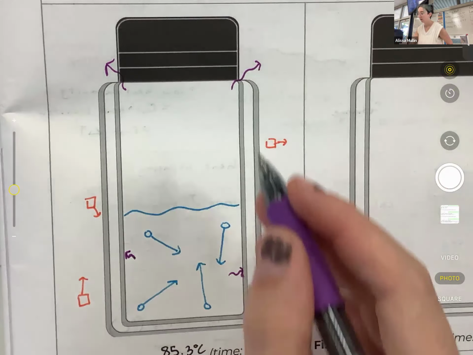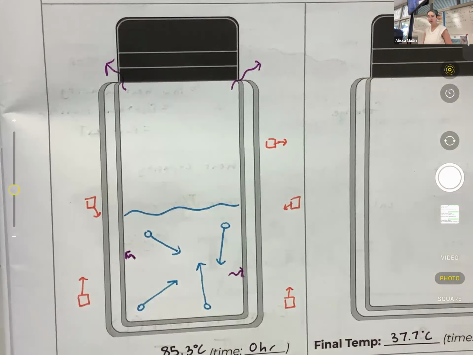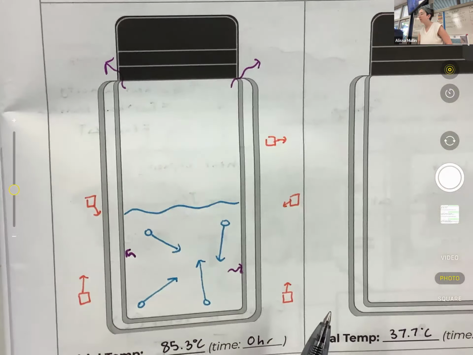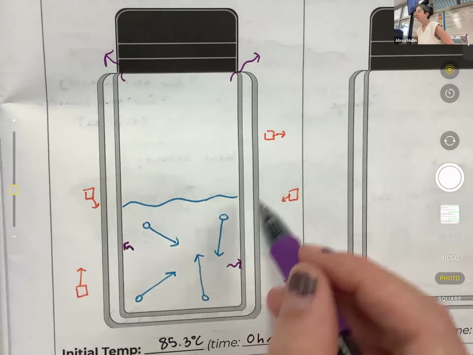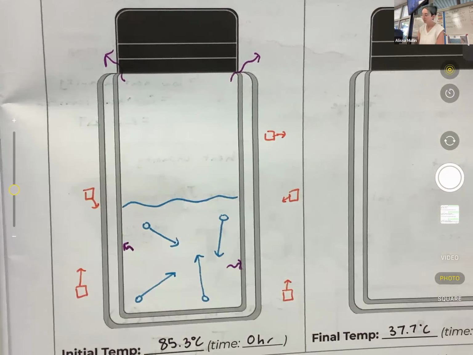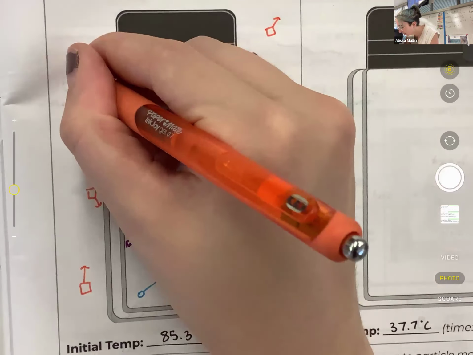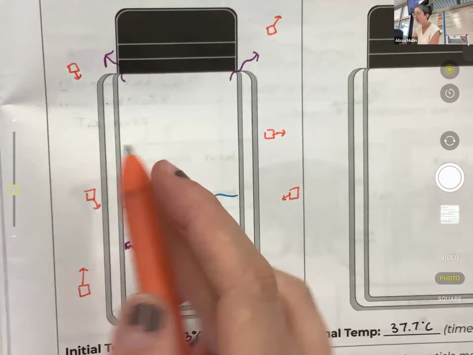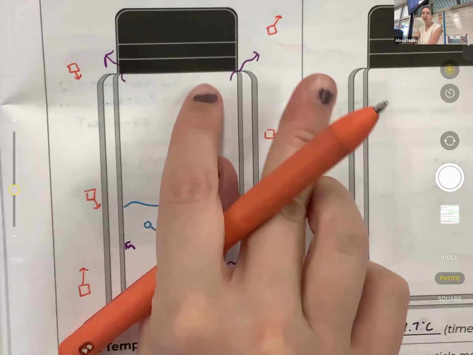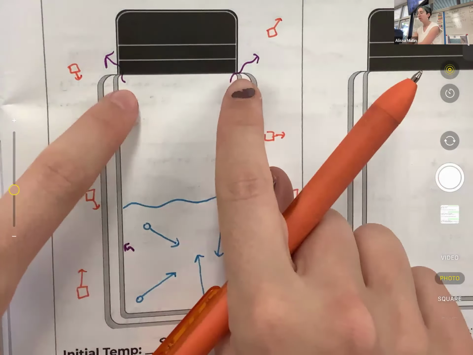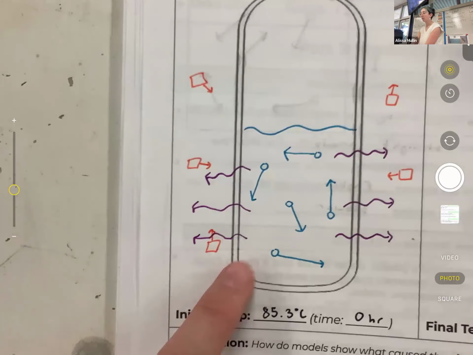So our heat transfer is going to look different from our other scenario. There's still going to be some heat transfer because we observed a change in temperature, and there is some contact between them. Here, I'll draw more air up here just so it's clearer. But less. So we should make sure these arrows are smaller, or there are fewer of them, to show that the heat transfer is less than what we saw in our water bottle.